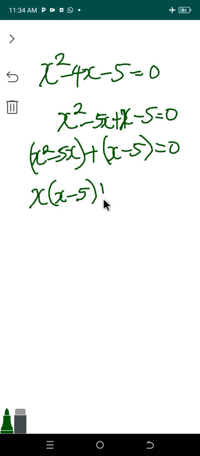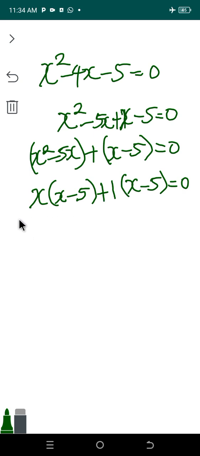We bring down the plus. Then what is common here is 1x, so 1 is common. You take the 1 out. Open bracket, x minus 5, close bracket, is equal to 0.